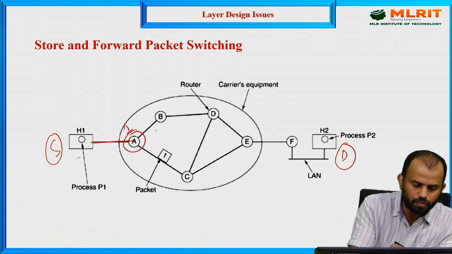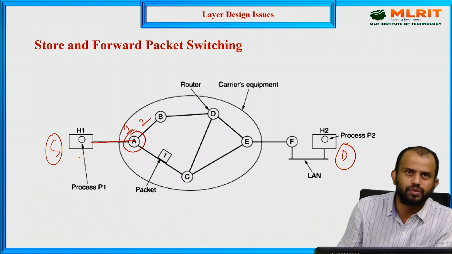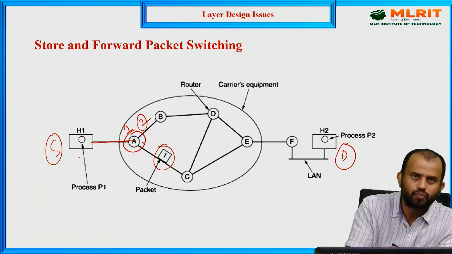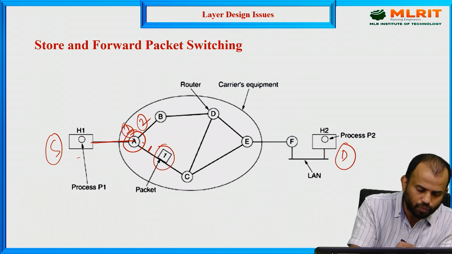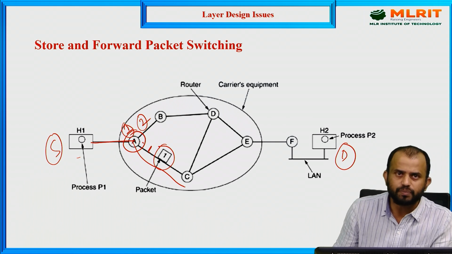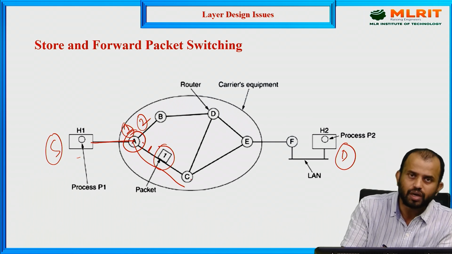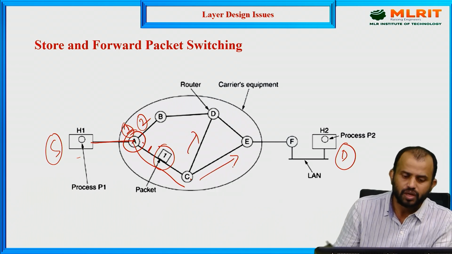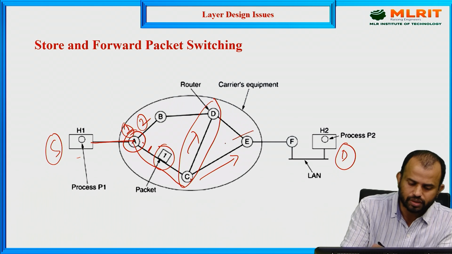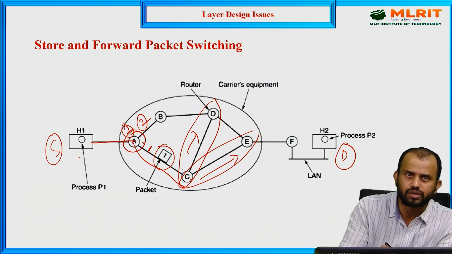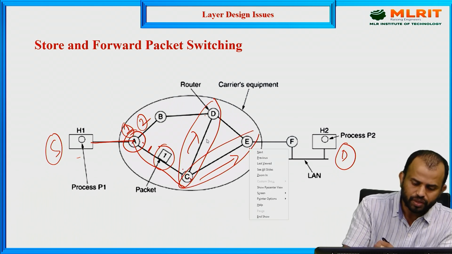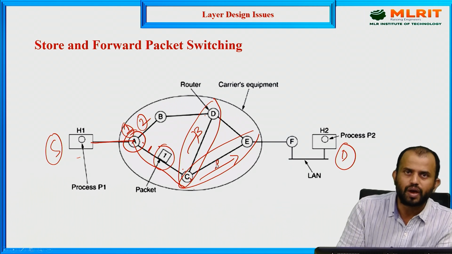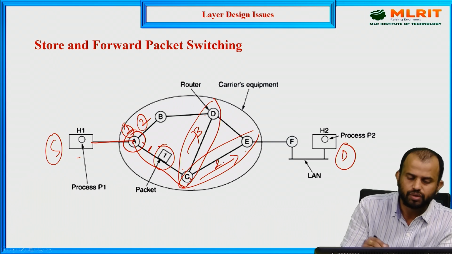For example, from A to B we received two packets, but the distance is 2, while from A to C the distance is 1. So we push packet 1 in the A to C direction. From C we have one option to move data to D, and another option, C to E. Again we have to choose the shortest distance: either C to D or C to E. For example, the distance of C to D is 3 and the distance of C to E is 2, so we choose the path C to E, which is 2.